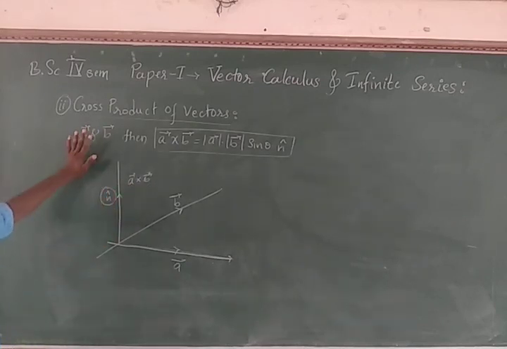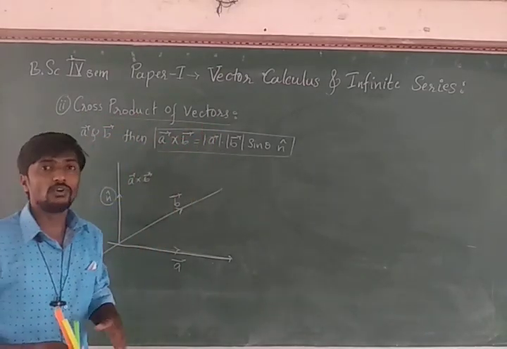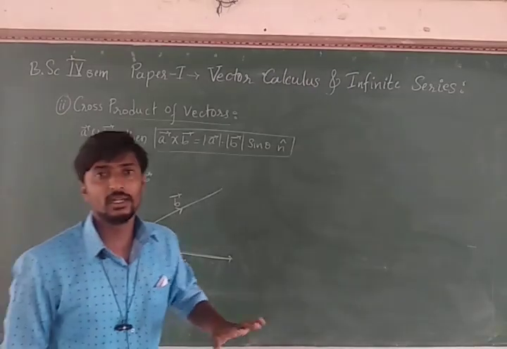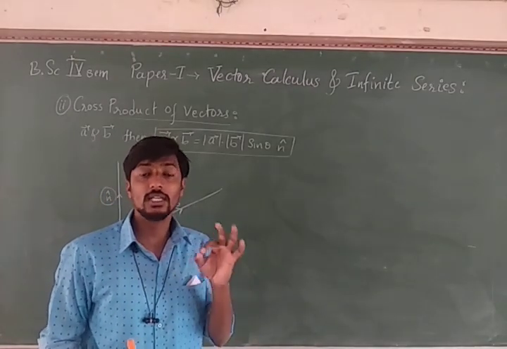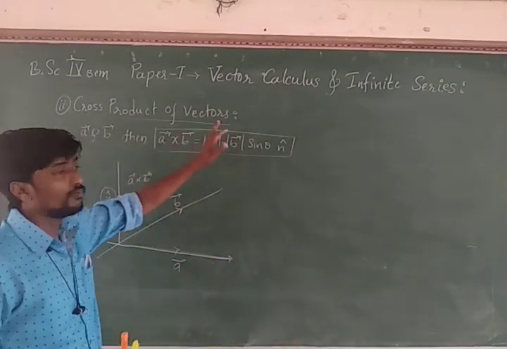So it is clear that the cross product of vectors is always a vector quantity. In the previous case, what we studied, the dot product of vectors is always a scalar quantity. Dot is a scalar quantity, cross is a vector quantity.